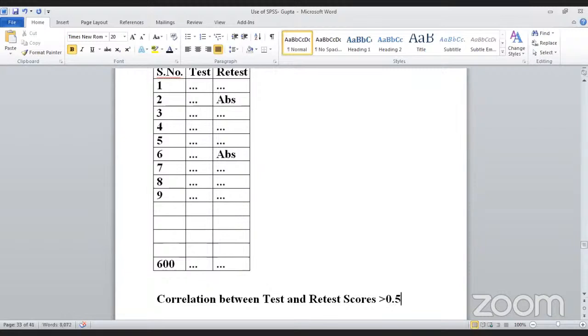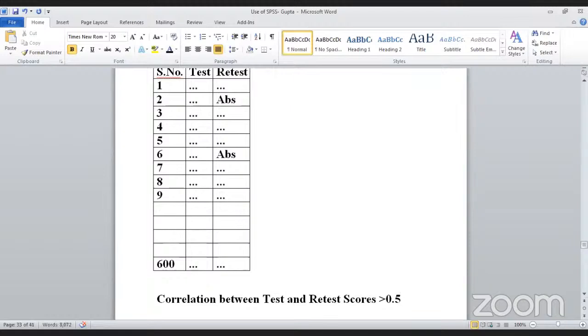If your correlation value is higher than 0.5, then you can say your test is reliable. The higher the value of the correlation, the higher will be the reliability coefficient. So you can say the test-retest reliability coefficient is so and so.